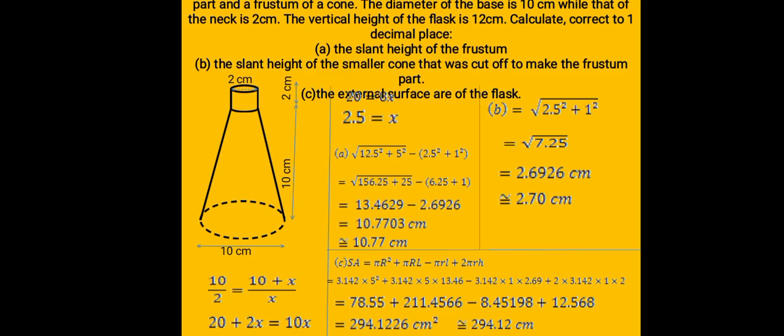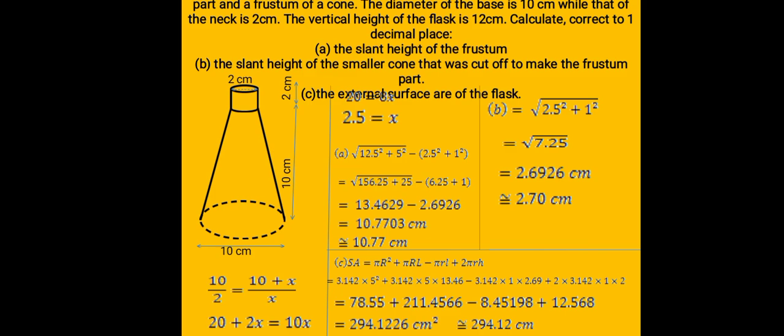Now the original cone had a height of, let's say, x plus 10. Now the cone that was cut off automatically will have x.